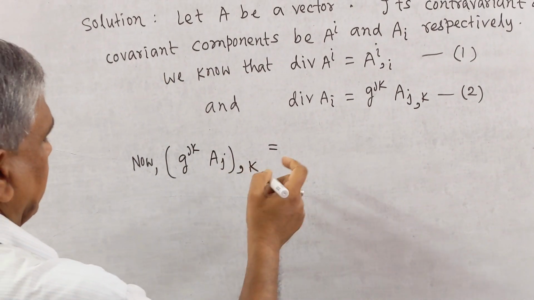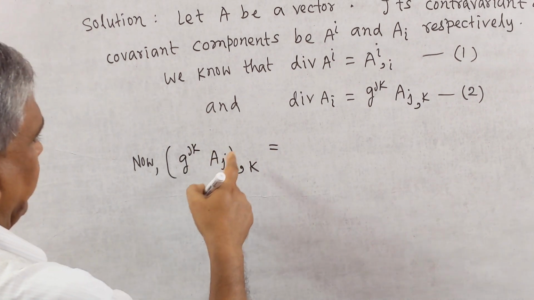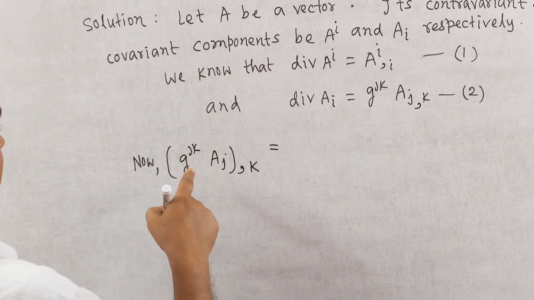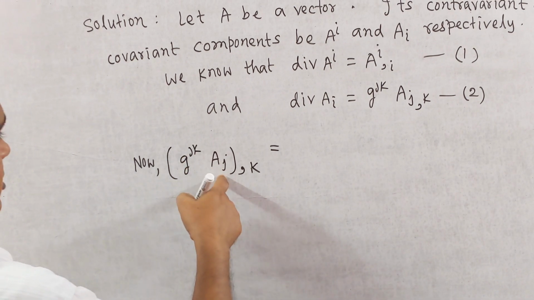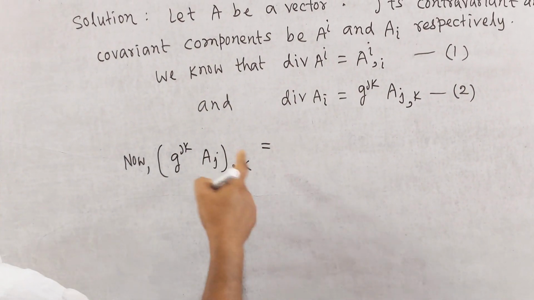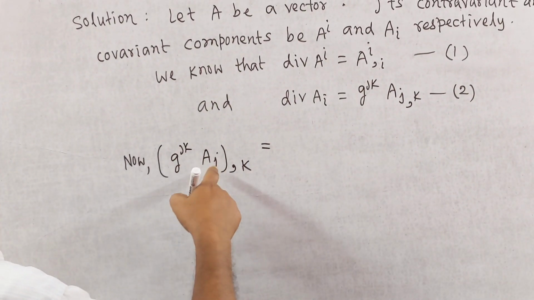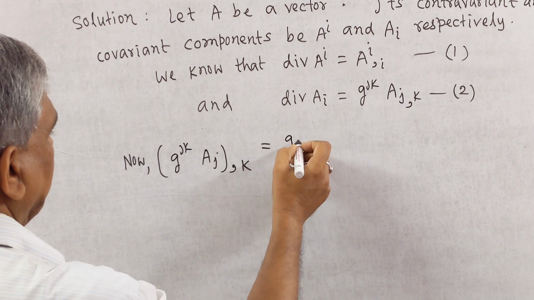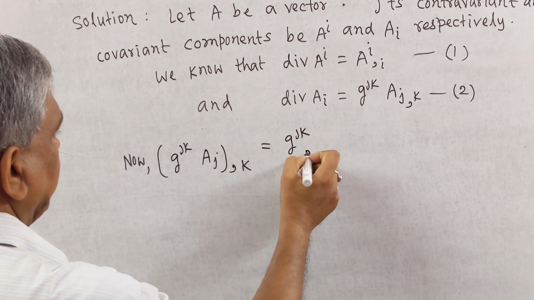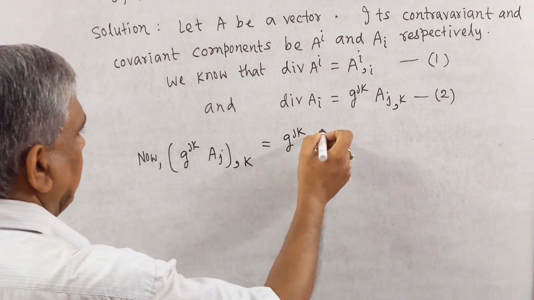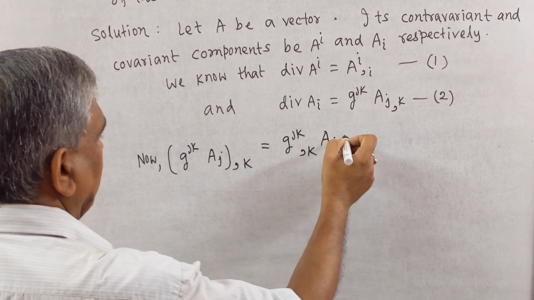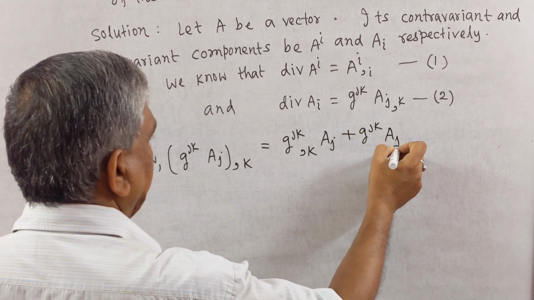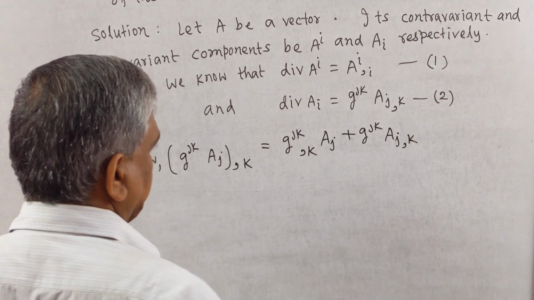We know that the covariant derivative of the product of these two tensors is the covariant derivative of g^jk with A_j remaining the same, plus g^jk remaining the same with the covariant derivative of A_j with respect to x^k.